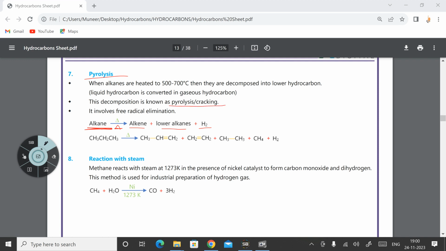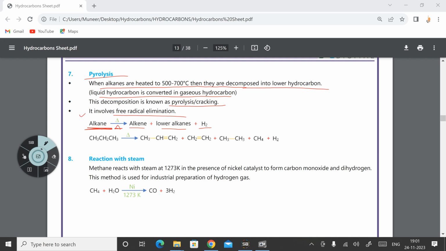This is also called pyrolysis, also called cracking. It involves free radical elimination. Liquid hydrocarbons are converted into gaseous hydrocarbons. When alkanes are heated at 500 to 700 degrees centigrade, they decompose into lower hydrocarbons, meaning low molecular weight hydrocarbons.